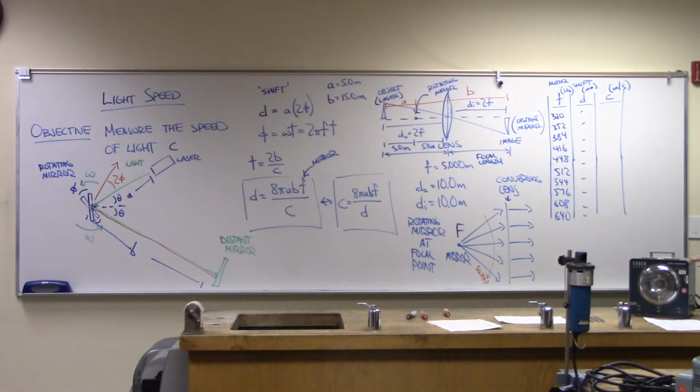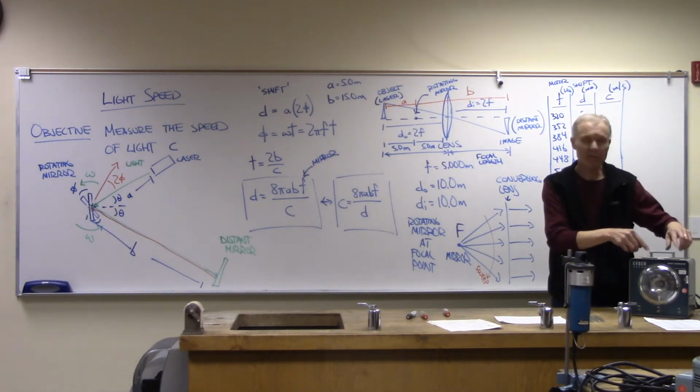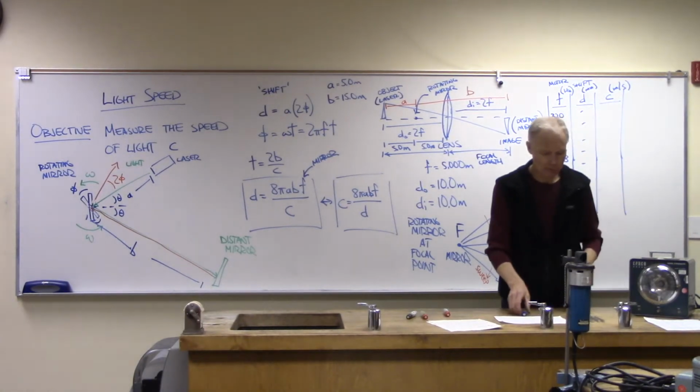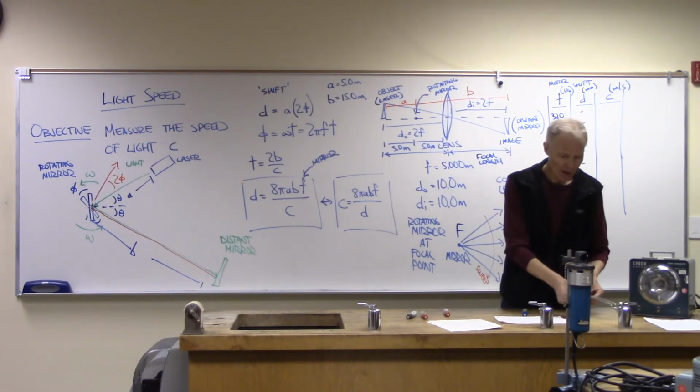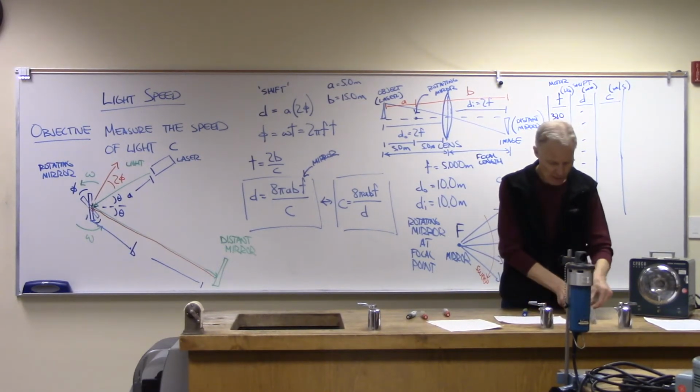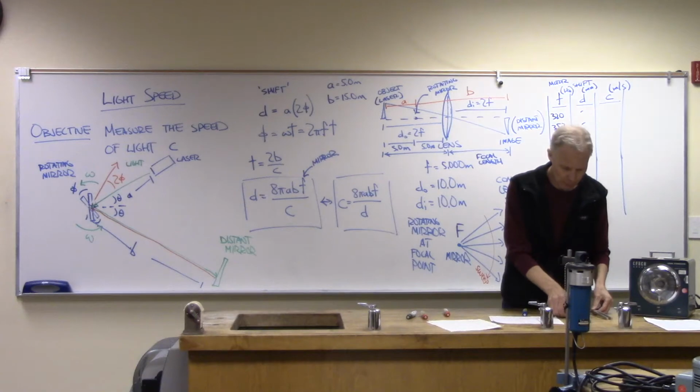So what I ended up doing was ignoring the scale on the strobe light itself, and instead using tuning forks.